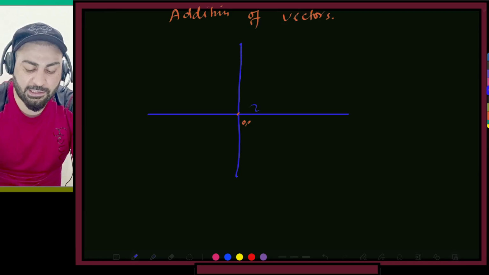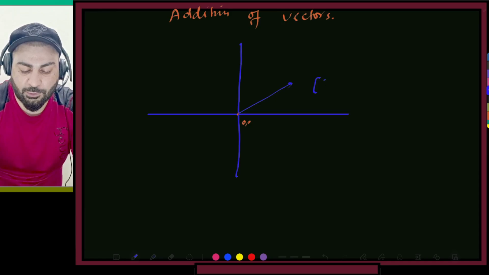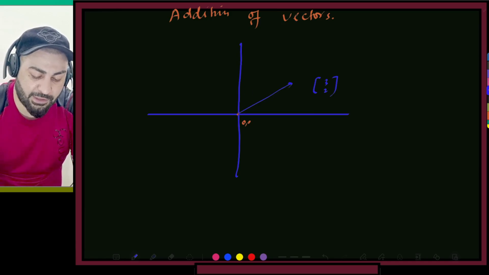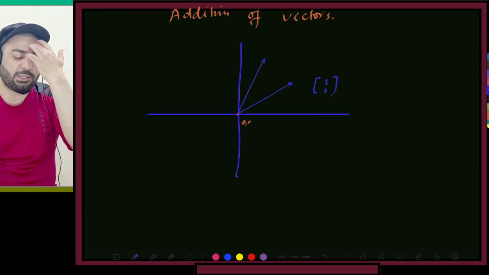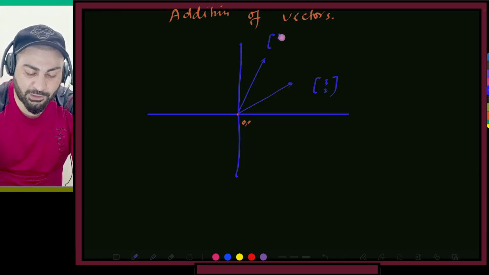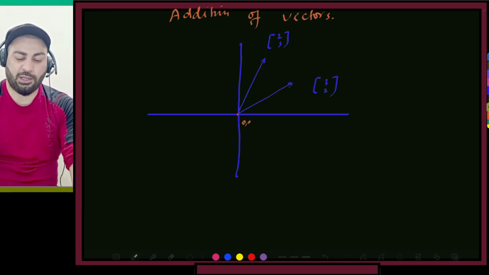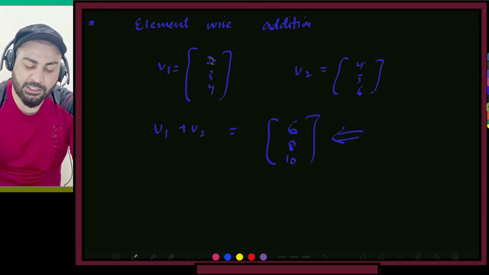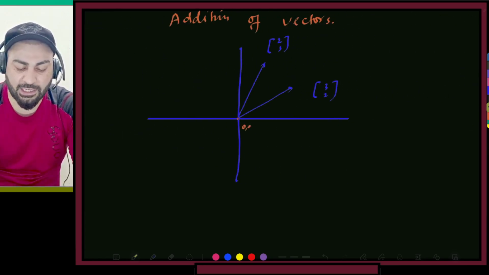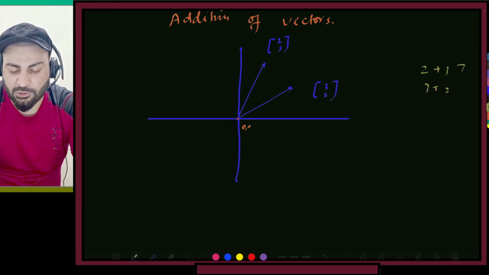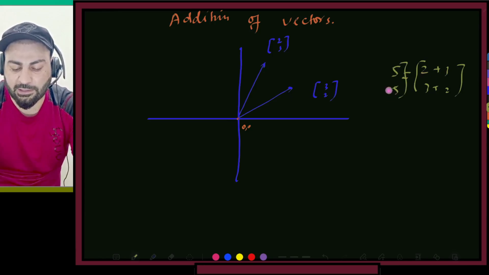Say this vector is (3, 2), and maybe some other vector like this is (2, 3). Now we want to add these vectors together. Since this is element wise addition, the answer we should get is 2 plus 3, 3 plus 2, which is (5, 5). This is the vector that we should get.